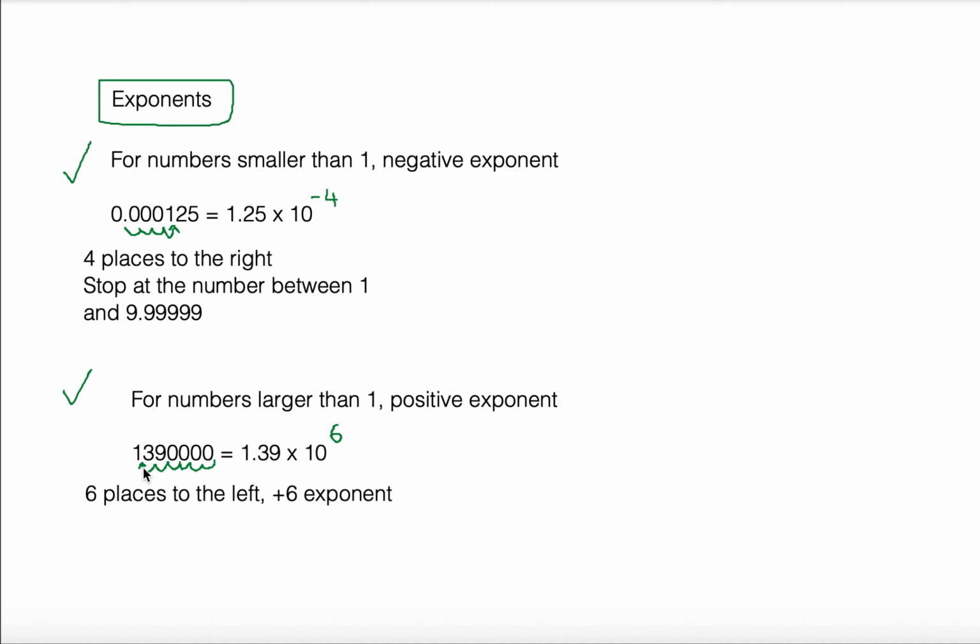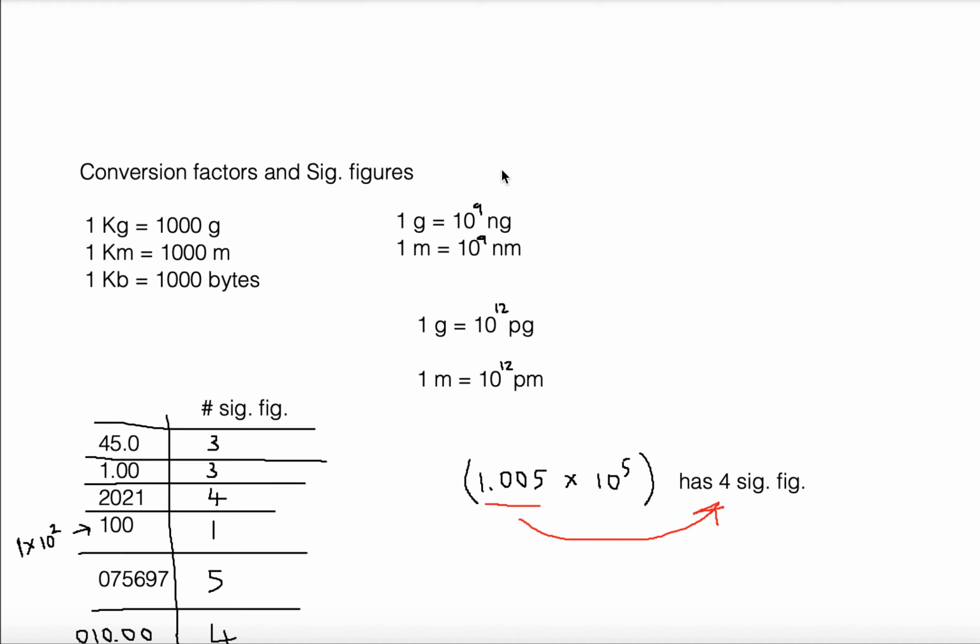The reason you stop at the 6th place is that it gives you 1.39, right between 1 and 10, just less than 10. You can drop all the zeros. You don't need them anymore. This is 6 places to the left, and this is a large number, so the exponent will be positive. This is very convenient, especially when we move on to the next topic, the conversions.